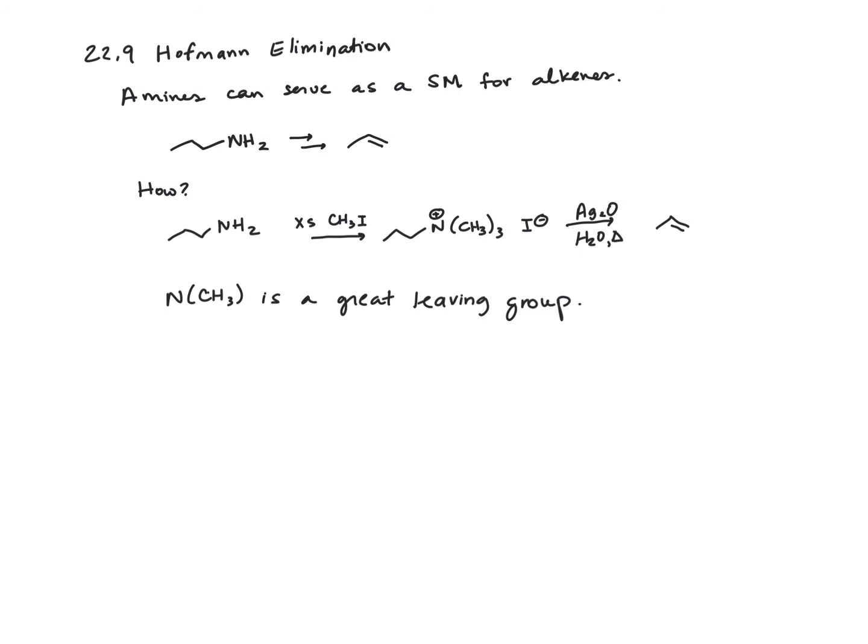The next reaction and last reaction we're going to cover is Hofmann elimination. Amines can serve as a starting material for alkenes just as alcohols can. How? We're going to alkylate our starting amine to give a quaternary salt. Then we're going to use silver oxide with water and heat to form our alkene.